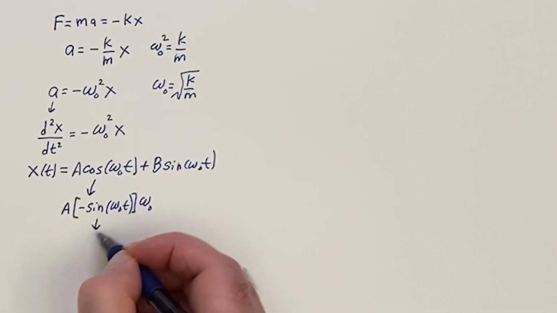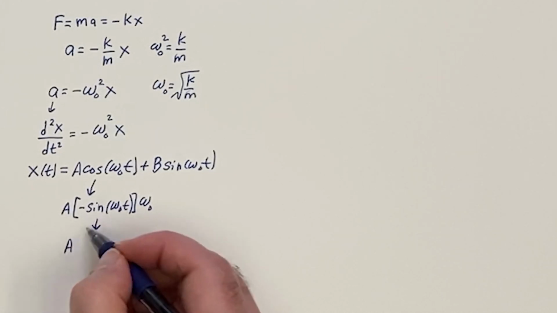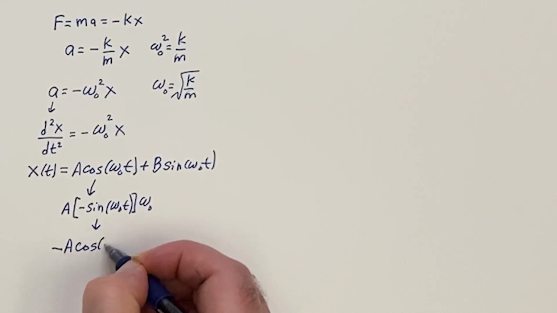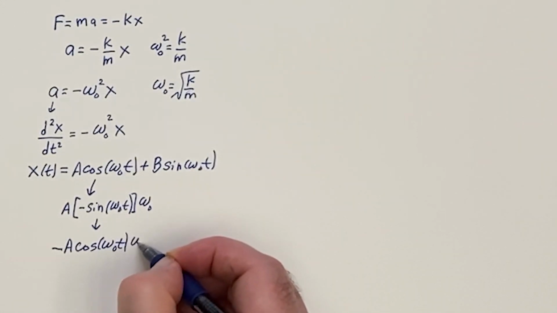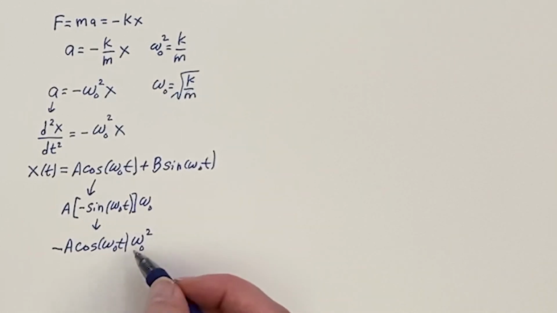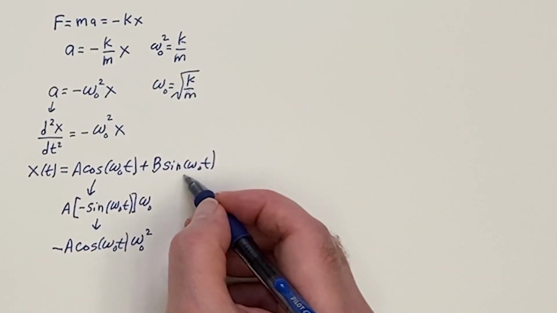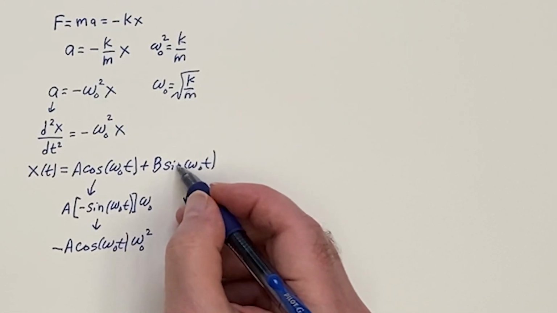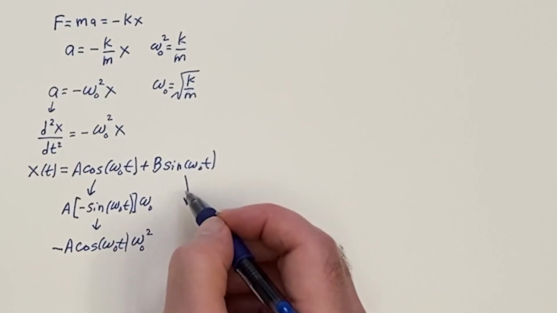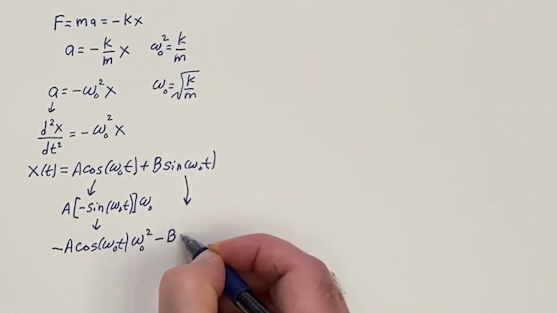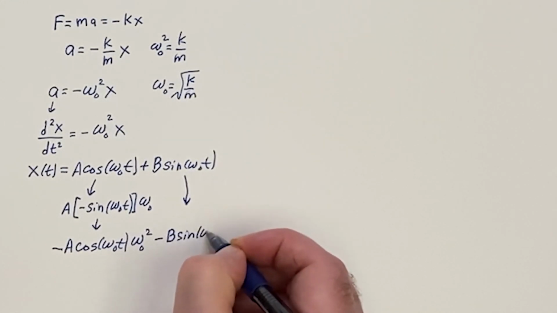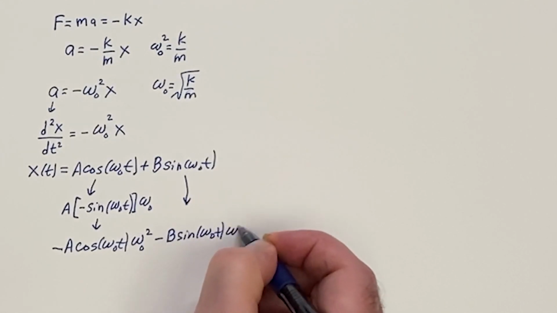Then if you take the derivative again, you'll still have the a, still have the minus sign, because this will get you a cosine. And then when you pop out the omega the second time, you get the same thing back with the omega naught squared. And the same thing will happen with this. You get the cosine with the omega, and then negative the sine. So this will get you minus b sine omega naught t omega naught squared.